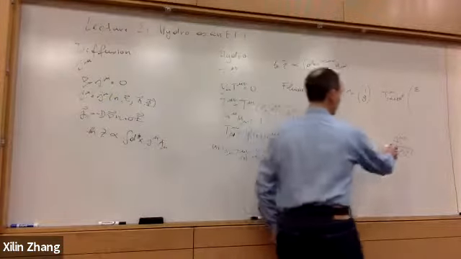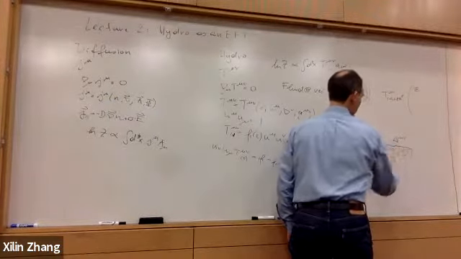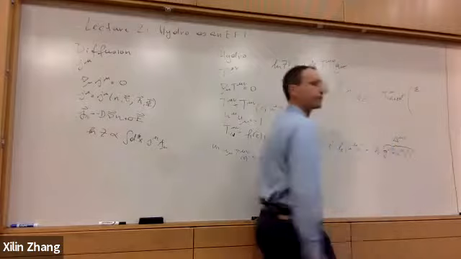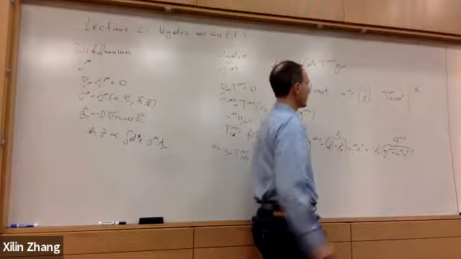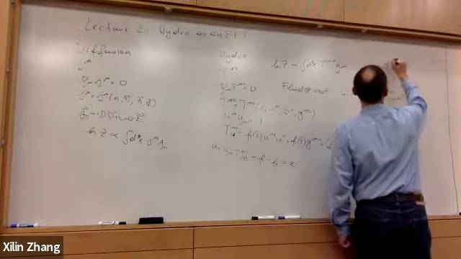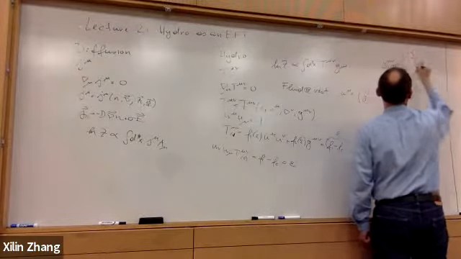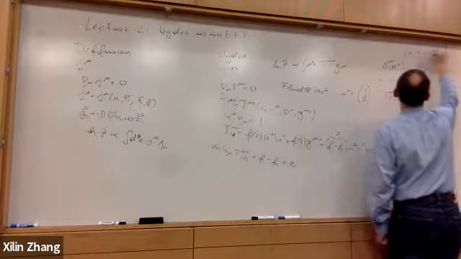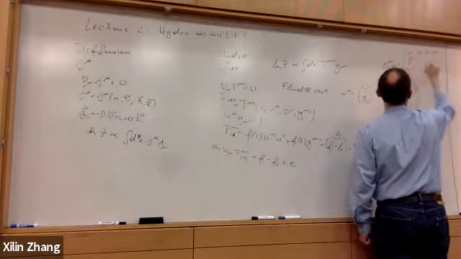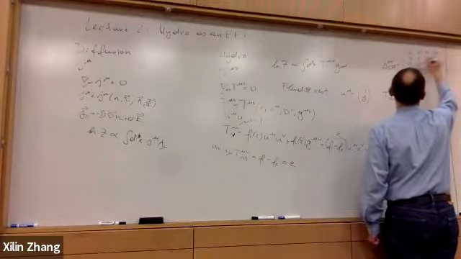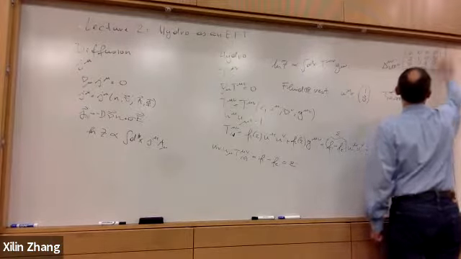And the -1 from this metric together with the +1 of this means that this is a 0 in this component, so that the delta mu nu in the local rest frame is just given as 0, 0, 0, 0, 0, 1, 0, 0, 0, 1, 0, 0, 0, 1.